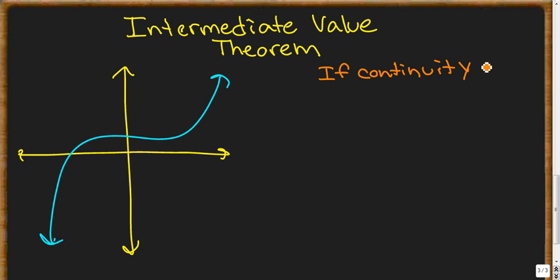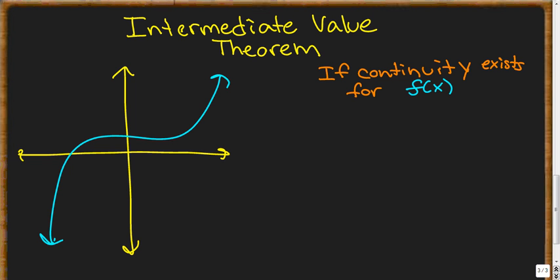So if continuity exists for f of x, what we can say is the following thing. And this could just be on any interval that it exists, but we won't get into that much detail right now.